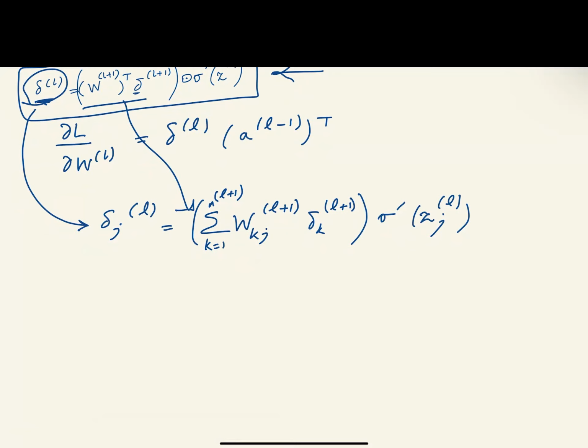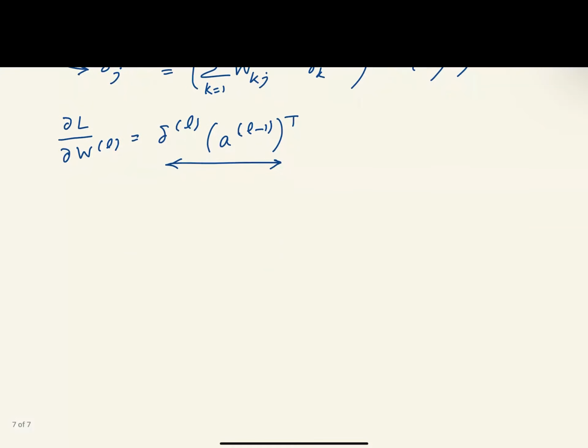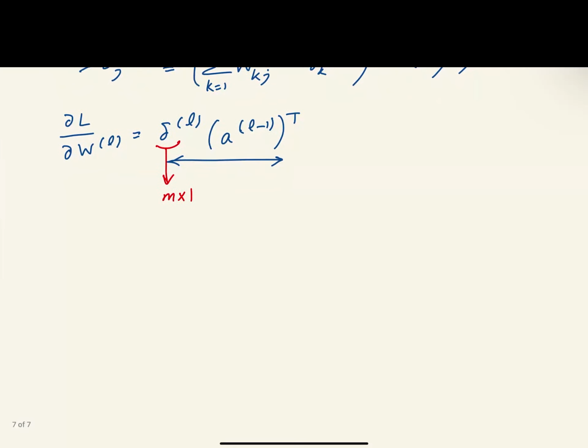Let's look at another example. I said that we compute the weight gradient, and this is an outer product that computes the entire gradient matrix in one step. How does it work? Here, this is a column vector, let's say of shape m by 1.